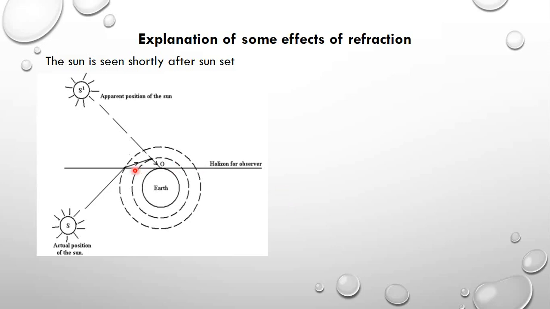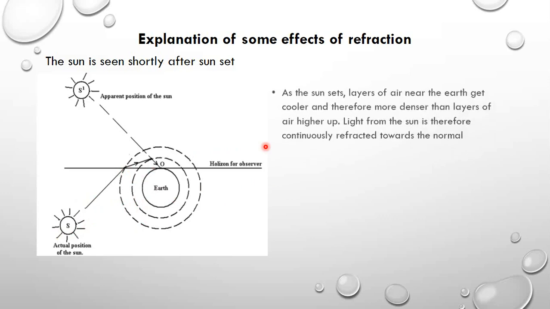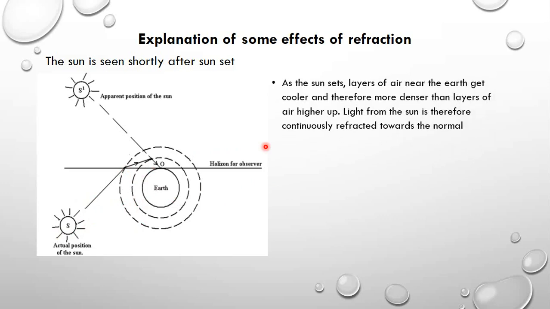So in this case, it is moving from a less dense to a more dense medium. So because of that, there's going to be refraction towards the normal. So the light rays from the sun is going to undergo continuous refraction towards the normal. And then to an observer at O, the light rays will be appearing to be coming from S1.